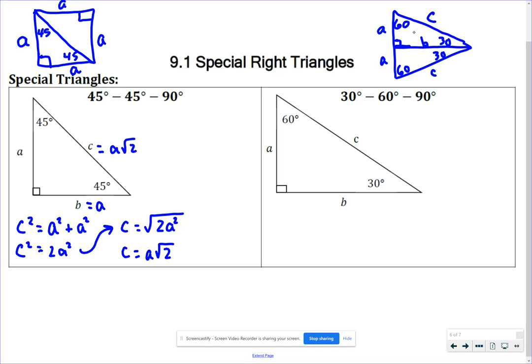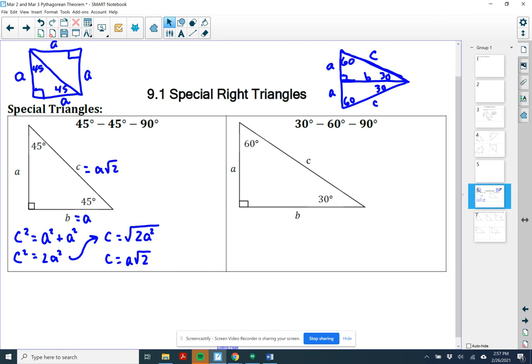because if I look at the big triangle right here, let me change colors here for a second, it has three angles that are 60 degrees. That makes it equilateral, which means all the sides are the same length. An equilateral triangle, the sides are all the same length.